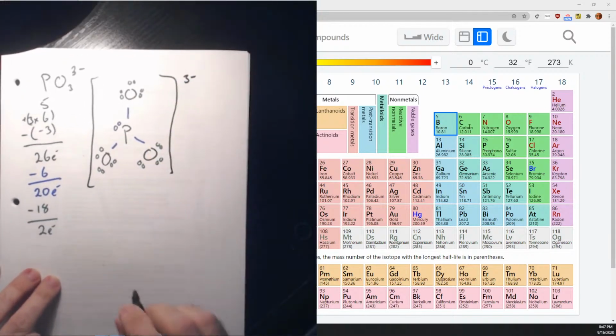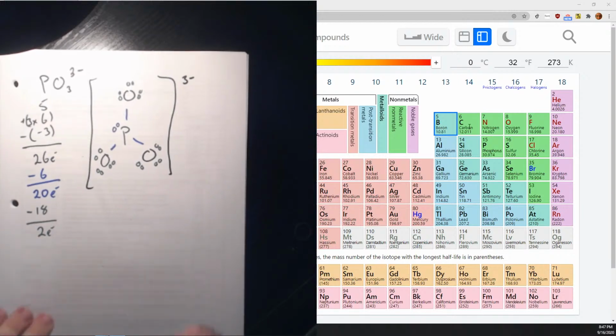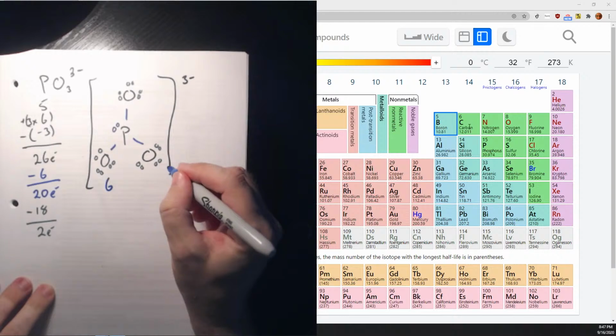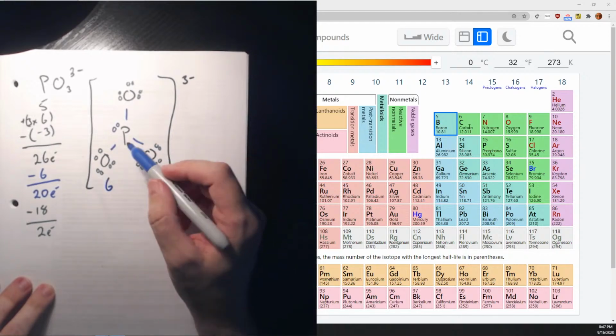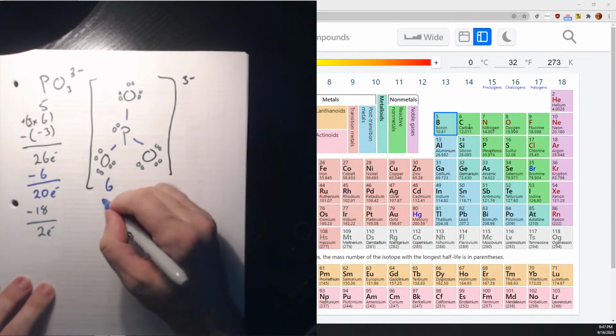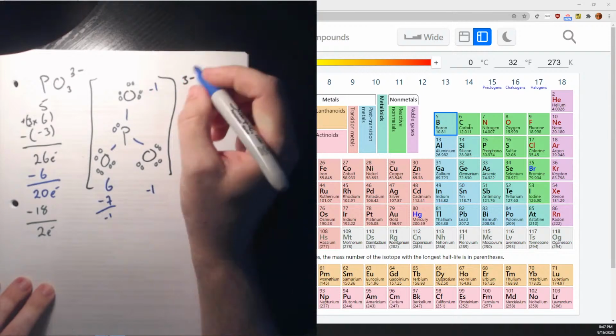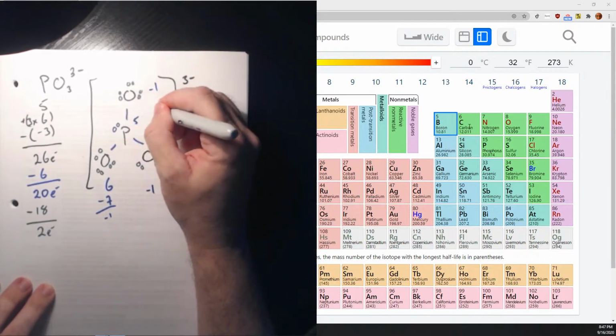So this guy has a -3 charge. The reason I'm saying it, well, we'll see this in a minute, but each of these oxygens started with 6. Each of these oxygens owns 7. 1, 2, 3, 4, 5, 6, 7. So each of our oxygens has a -1 formal charge. Meanwhile, our phosphorus started with 5.